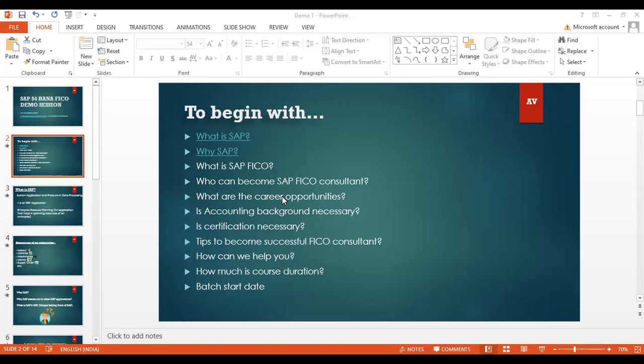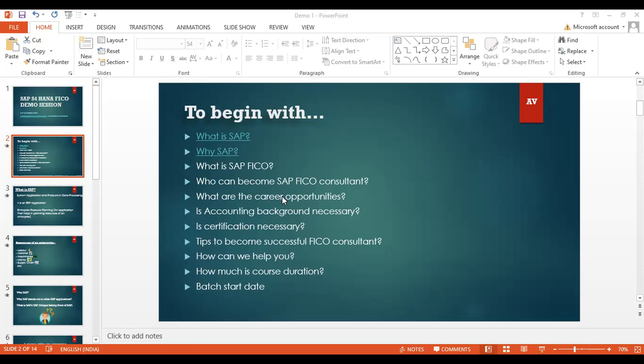That firm will implement it for the company. They'll map all the business processes, interact with the users and with higher-level management, and take down their requirements. They'll finalize the many documents, map the business processes in SAP, configure the system for the company, and then hand it over to the client for final use.